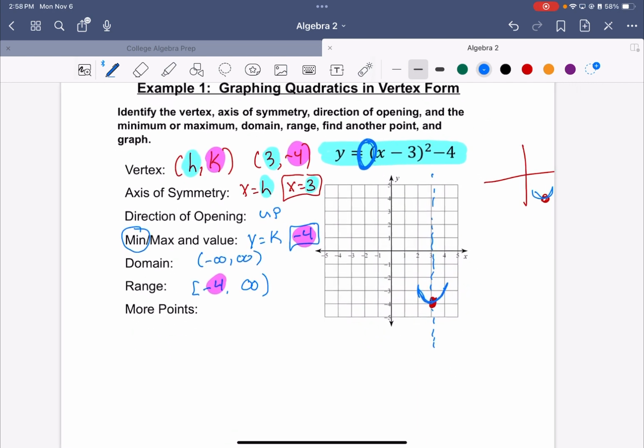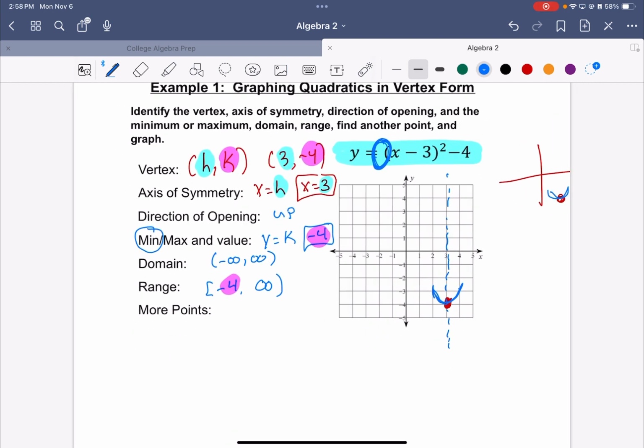So now the new one, more points. Well, here's what we know. We know it's symmetrical. So the nice thing about it is I can say, okay, what if I let my x value equal 0? I've got my x value for a point. So what I do then is I go into my original equation, and anywhere I see an x, I'm going to replace it with a 0.